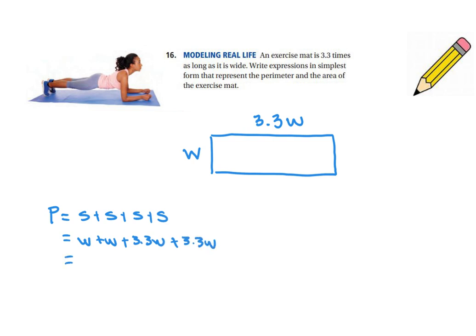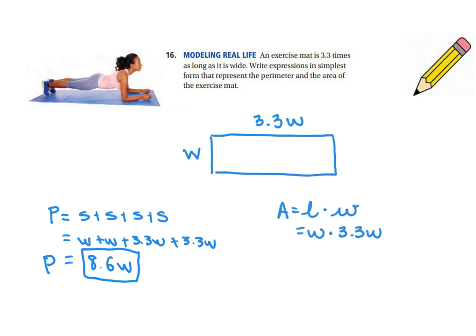So when we simplify that, we have 6.6 W's plus 2 more, so that's 8.6 W's. That's our perimeter. Area is length times width. So we have W times 3.3 W. So that's going to be 3.3 W squared for area.